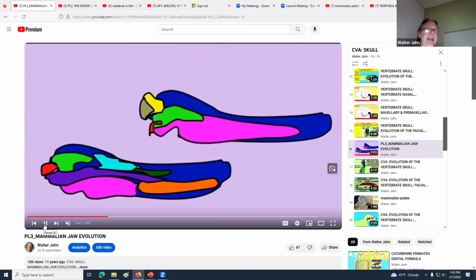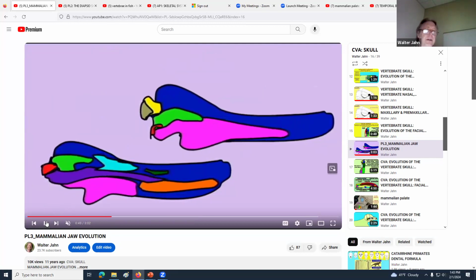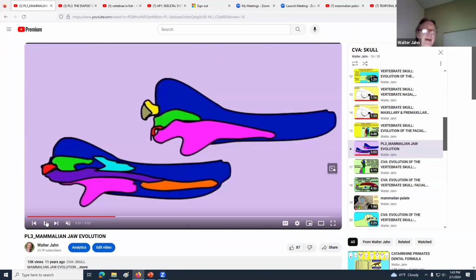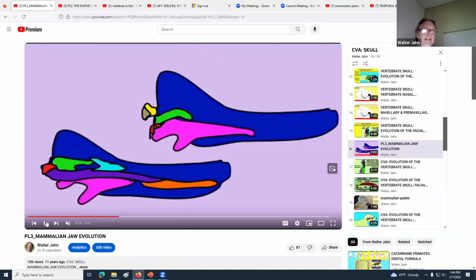We get into the synapsid reptiles. And right around here, now there are some interesting things going on. First off, the blue bone is taking over. That will soon be the only bone in the lower jaw. Here, the blue bone is starting to touch the temporal bone.